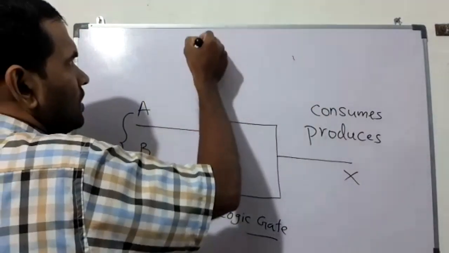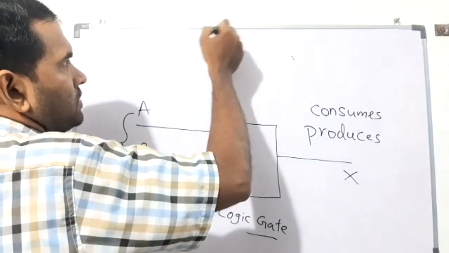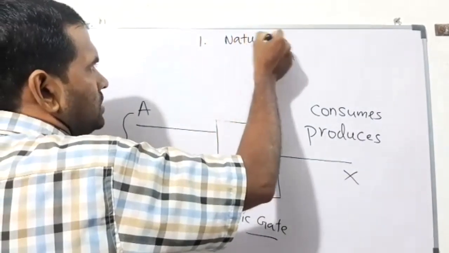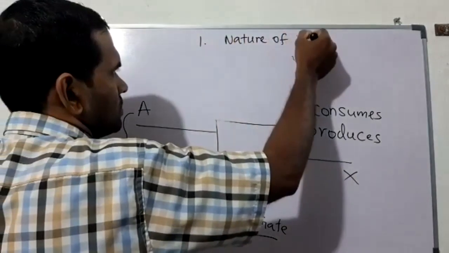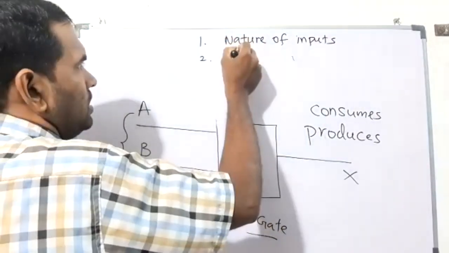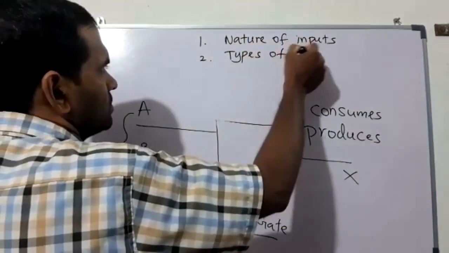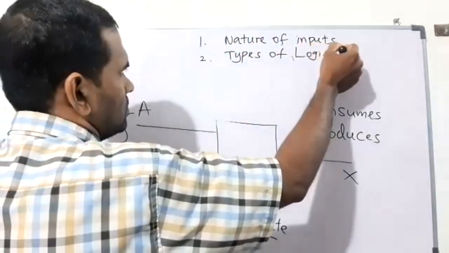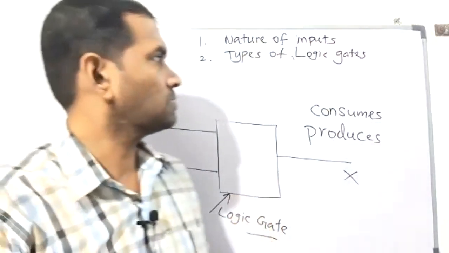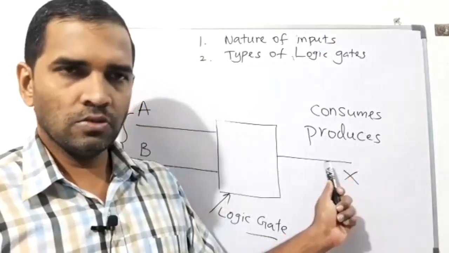In the next line, number one, nature of inputs. Number two, types of logic gates. Okay, that output depends on two factors.